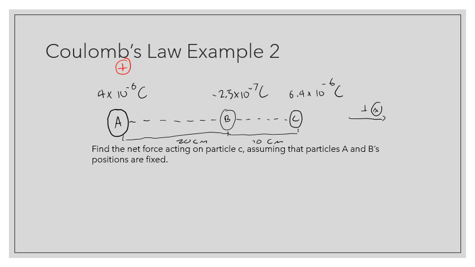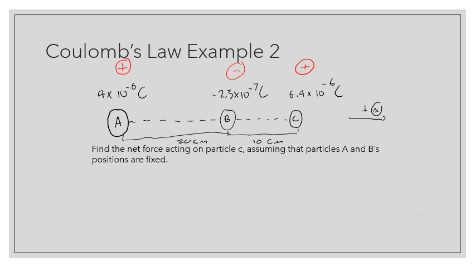B has a charge of negative 2.5 times 10 to the negative 7 coulombs, so this is negatively charged. C has a charge of 6.4 times 10 to the negative 6 coulombs, so this is positively charged. With this, we need to find all the forces acting on C.